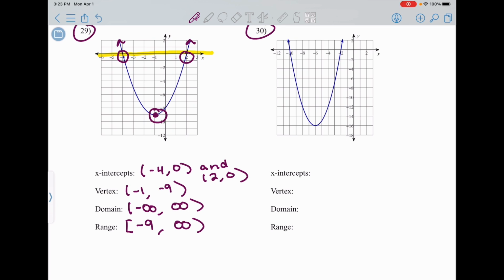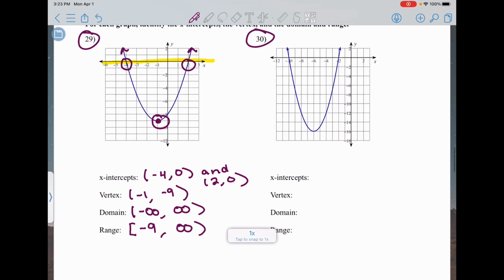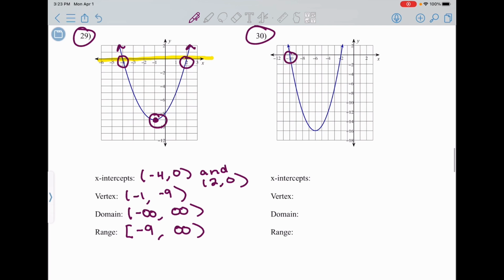Let's do the same thing with 30. For 30, once again, I have two x-intercepts at negative 10 and negative 2. My vertex is where the U is formed at that curve. And so it looks like my vertex is negative 6, negative 16.